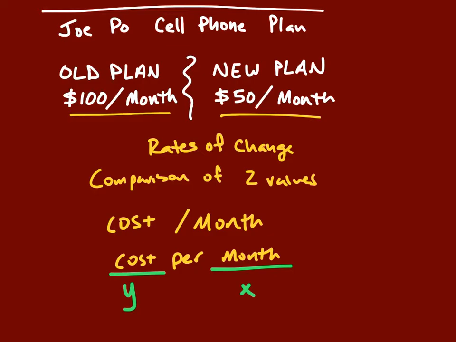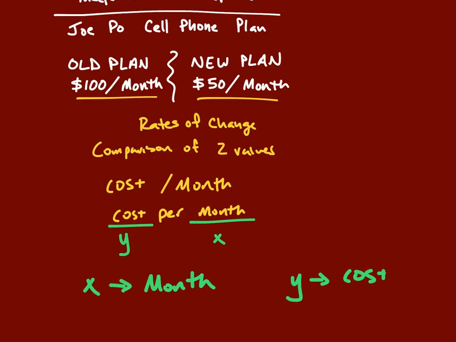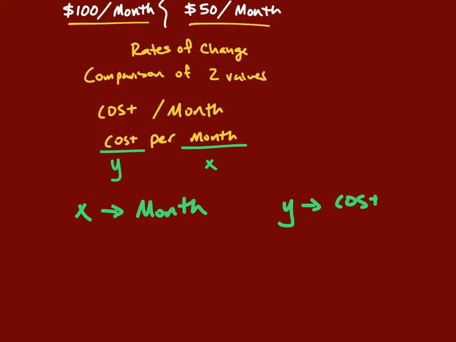So let's write out that x represents the month and y represents the cost. Remember that x is your input, also called your independent variable. Y is your output, and we also call that our dependent variable.